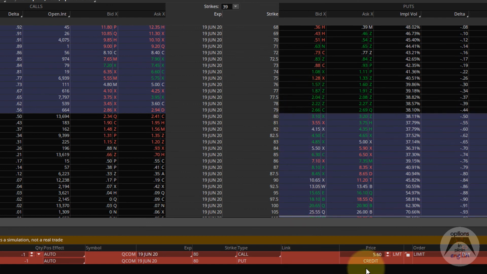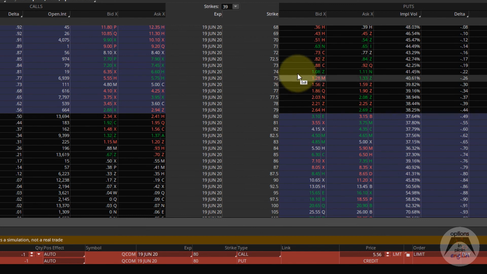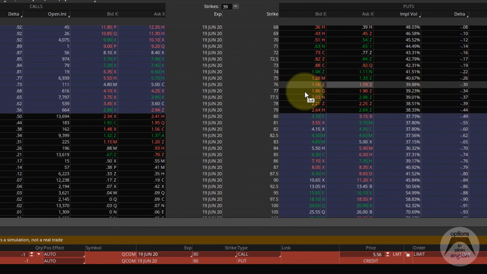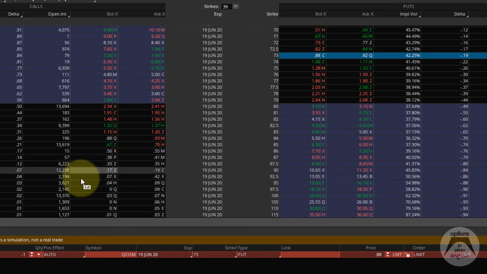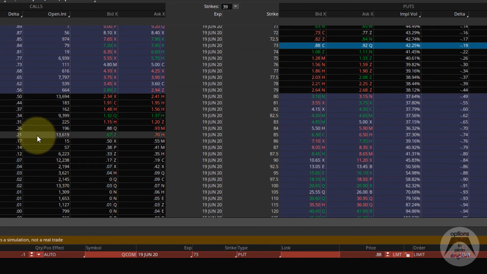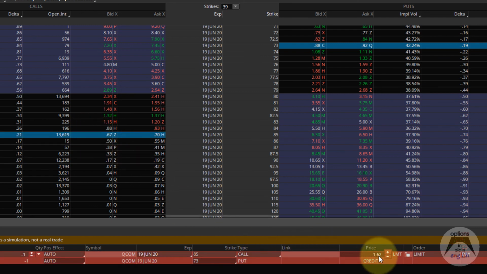So we went from the at the money straddle at 5.60 times 0.3, which is going to be 1.65 or so. We went to the 73 put here. So this is the 20 delta put and the 20 delta call, which is this one. This is the closest one, and it's trading at 1.62.